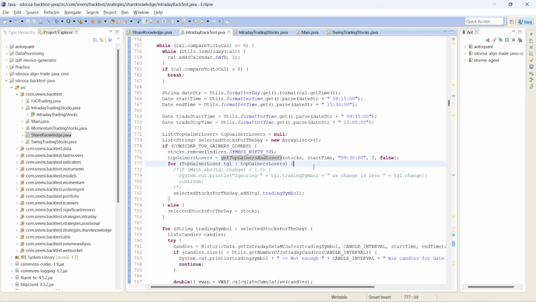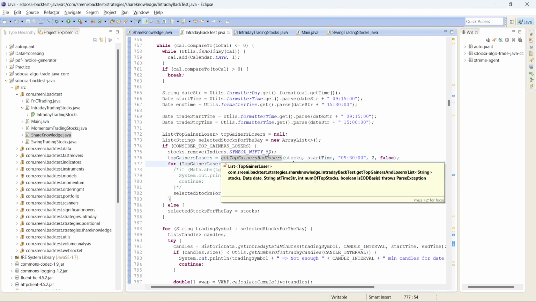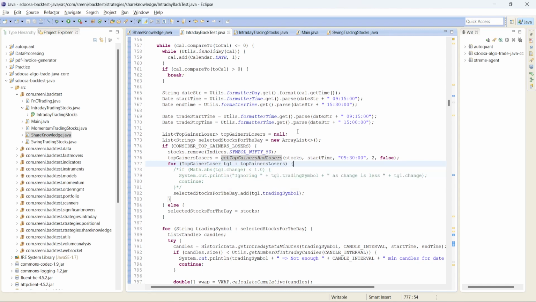So how are we calculating the top gainers and top losers in this case? Since we are skipping the first 15-minute candle, our trade basically starts at 9:45. That means the 9:30 candle has to close at 9:45.